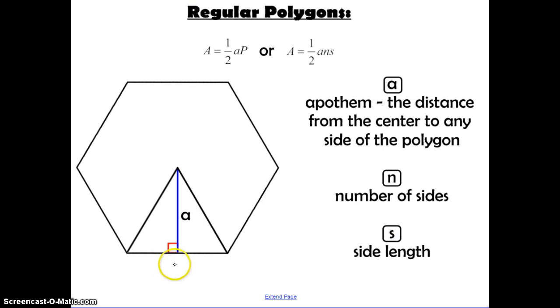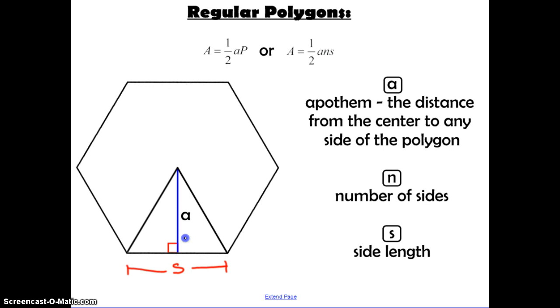So if I label the S here for the length of the side, I want you to take a look at this carefully. Think back to the two sets of examples and problems that we've already done. The first set was how to find the area of an equilateral triangle. Second was how to find the area of a regular polygon given the area of one triangle. So that's the idea of what we're going to do.